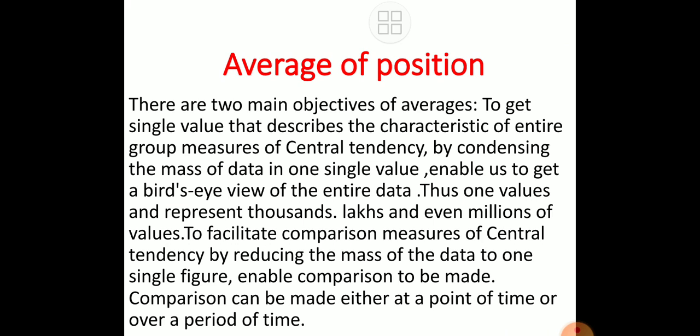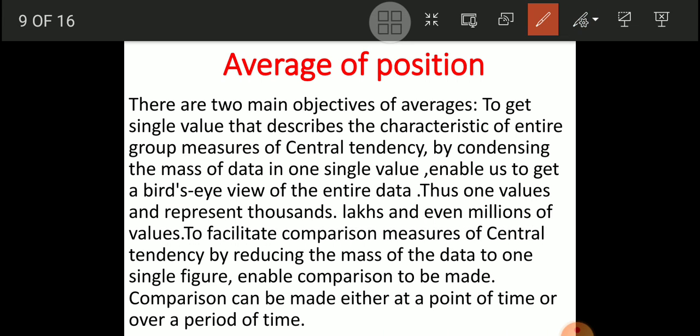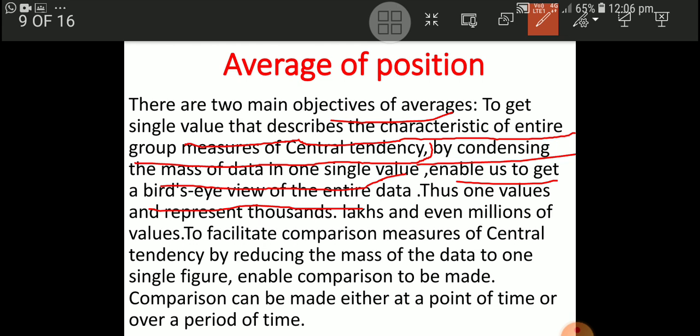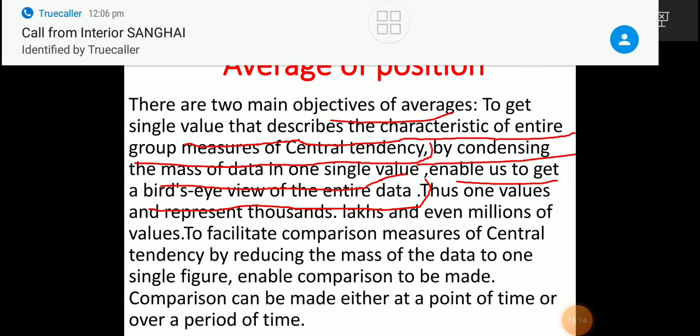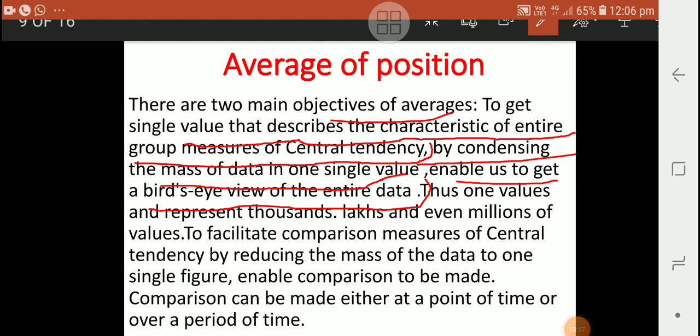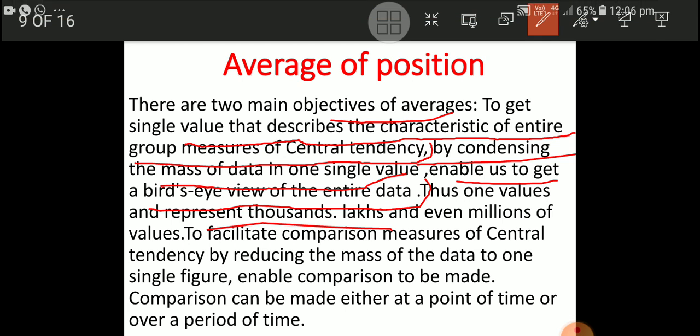Now, averages. There are two main objectives of an average: to get a single value that describes the characteristic of the entire group, the central tendency, by condensing the mass of data into one single value, which enables us to get a bird's eye view of the entire data. Thus, one value represents thousands, lakhs, or even millions of values.